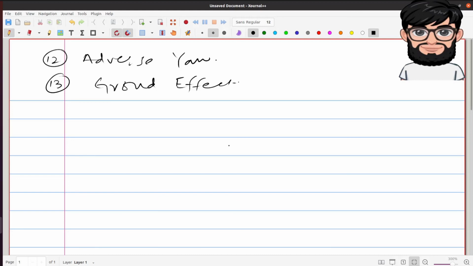So this is the definition of ground effect, and what major problems can be caused by ground effect?